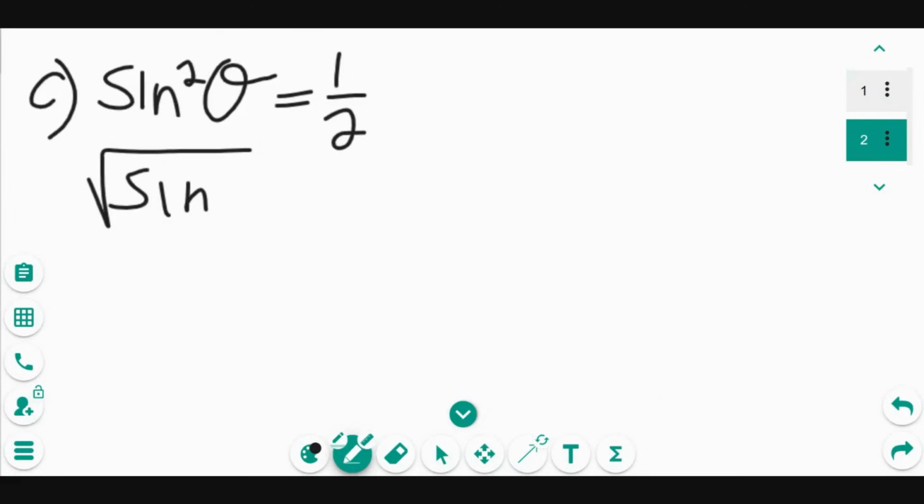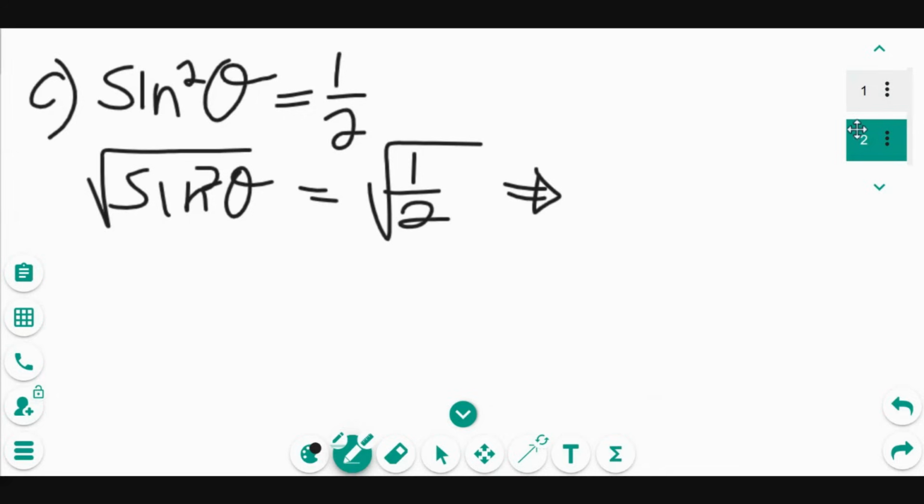I'll have the square root of sine squared theta is equal to the square root of a half. And that would imply that the sine of the angle theta is equal to, now when you take the square root, you're going to have two answers.